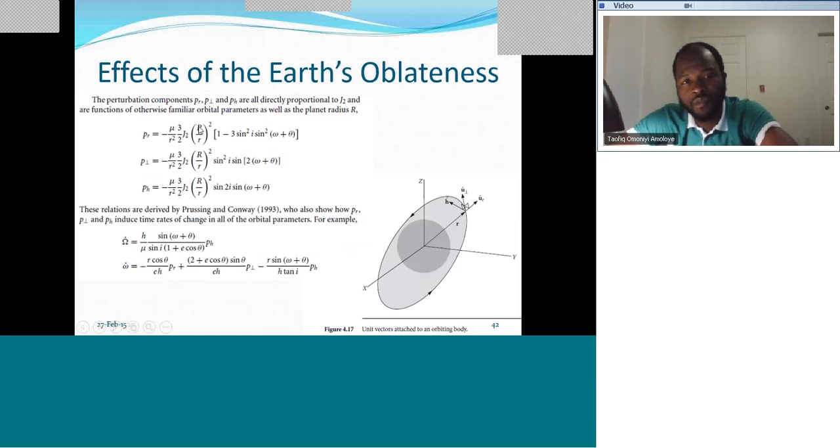Of course, this will be the equatorial radius.